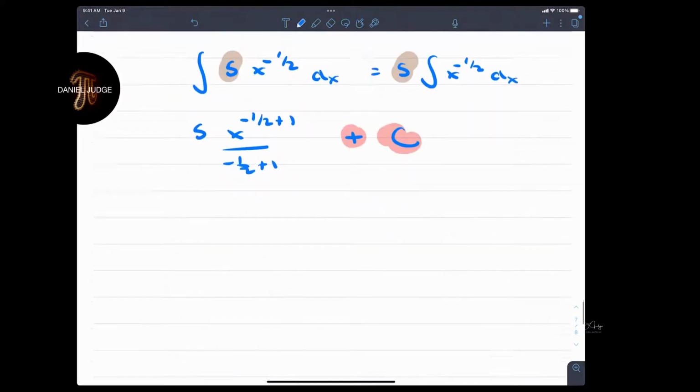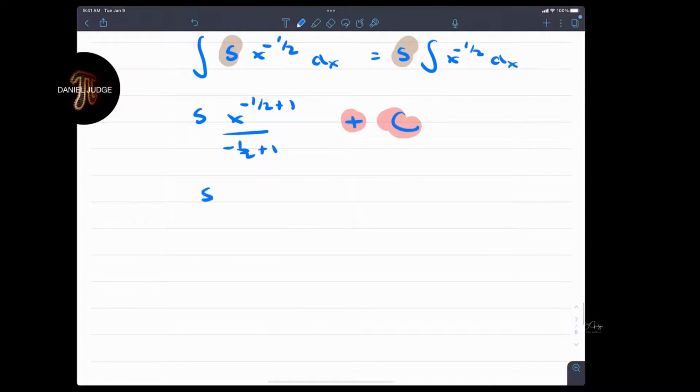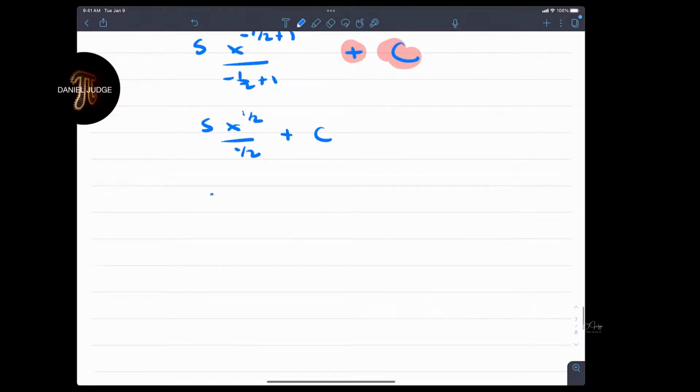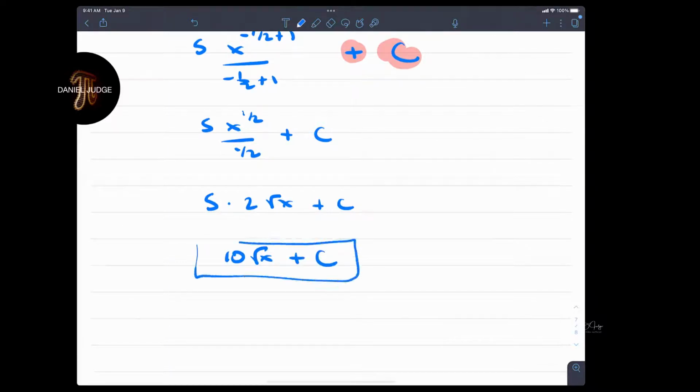You just worry about your arithmetic. So this could be 5 x to the 1/2 over 1/2 plus a constant, or simply 5 times 2 square root of x plus a constant. The answer is 10 square root of x plus c. And ladies and gentlemen, here you go. You're done.